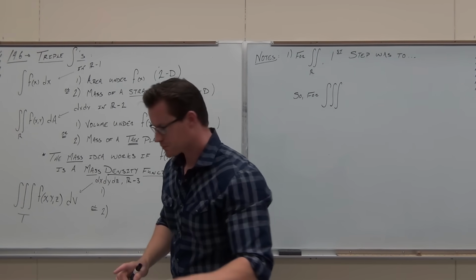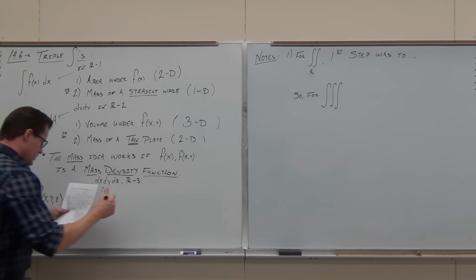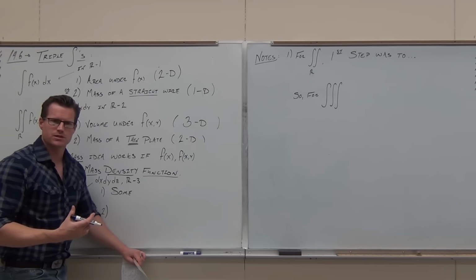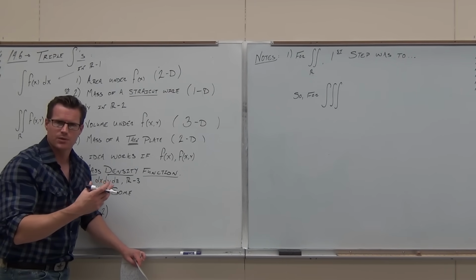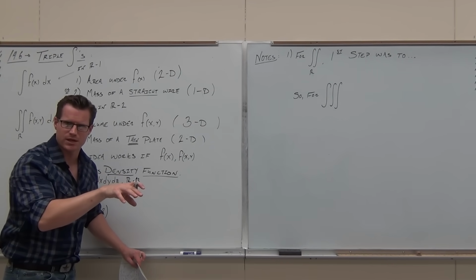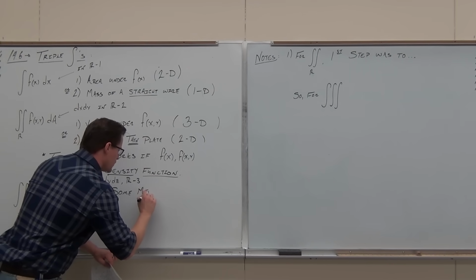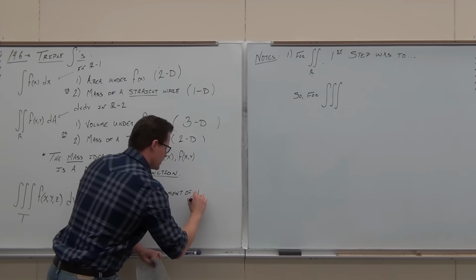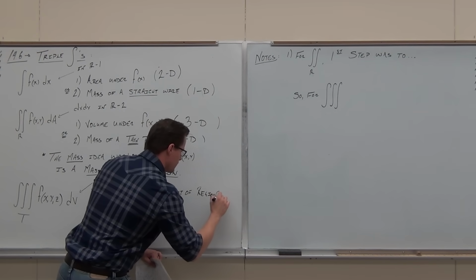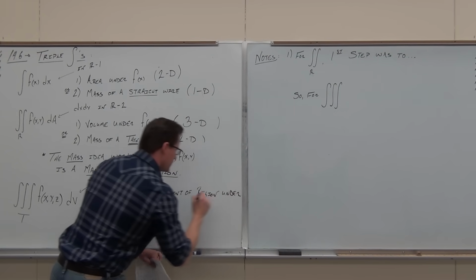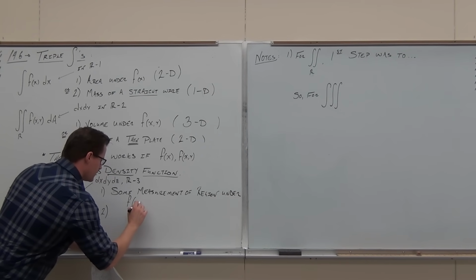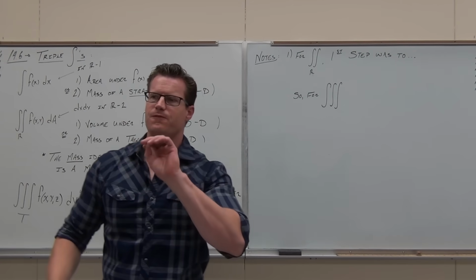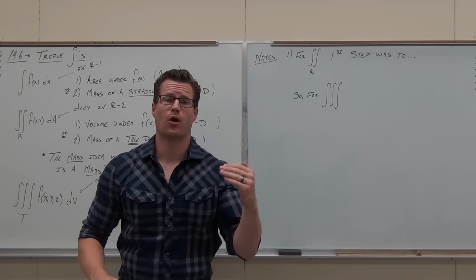So number one thing, this could give us, can't quite call it volume because volume has a connotation of 3D, but it would give us some measurement of the region under f of xyz. But the point is that that would be a 4D concept, and that is super hard to imagine.